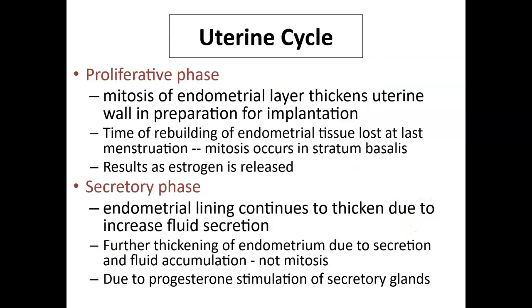Okay, so let's move on to the second structure that needs to be understood to fully appreciate the menstrual cycle, the uterus. I have indicated in a few previous slides what is occurring here already. The uterine cycle includes the proliferative and secretory phases. During the proliferative phase, which typically occurs in the first half of the menstrual cycle, the primary goal is to prepare the uterus for potential pregnancy.